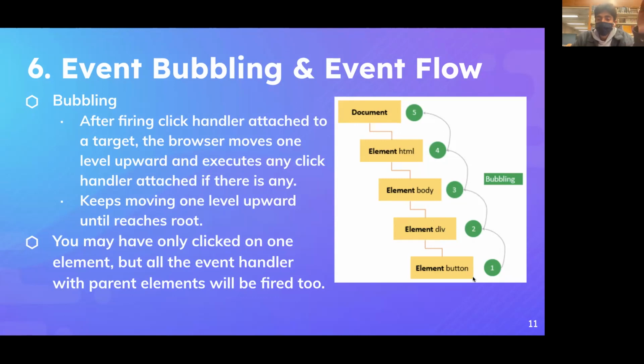Essentially, what JavaScript will do is if each of these have listeners, it will execute it from the bottom up. So it will execute the button listener, then the div listener, then the body listener, and then any other listeners that are nested above it. So if you have listeners nested inside of each other, it's important to realize that they will all fire eventually. There's no way to stop it from propagating upwards.